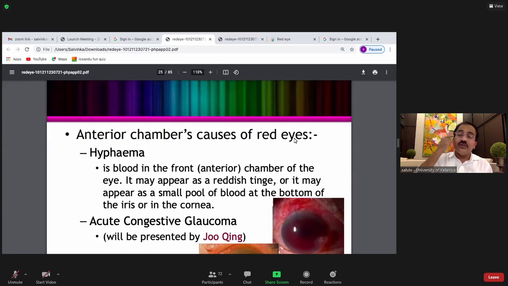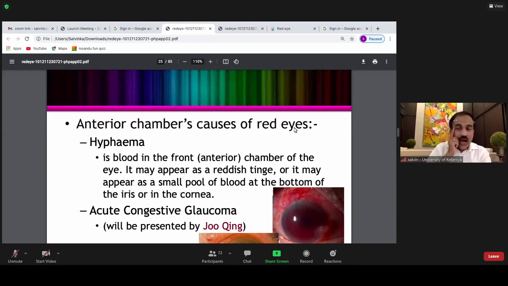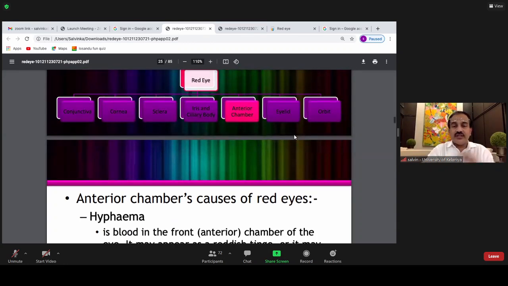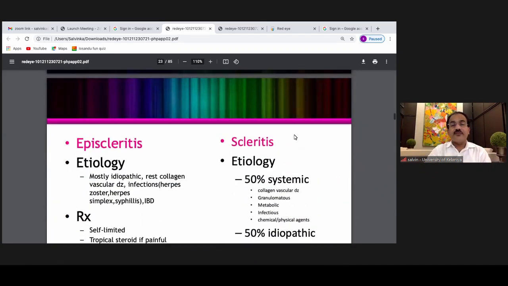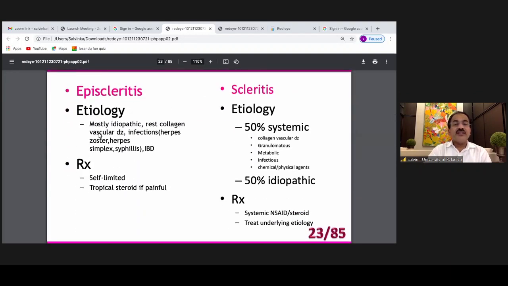On the front part of the eye is episcleritis. Under the conjunctiva, you can get inflammation here. Episcleritis is mostly idiopathic, and otherwise it can be collagen vascular diseases, herpes zoster or herpes simplex.